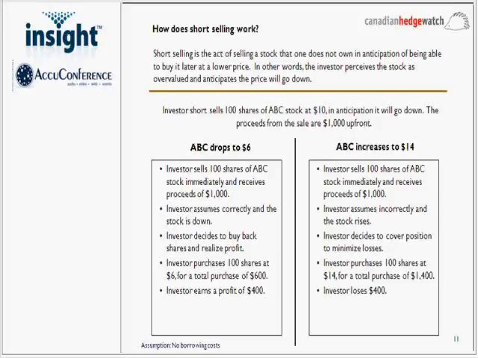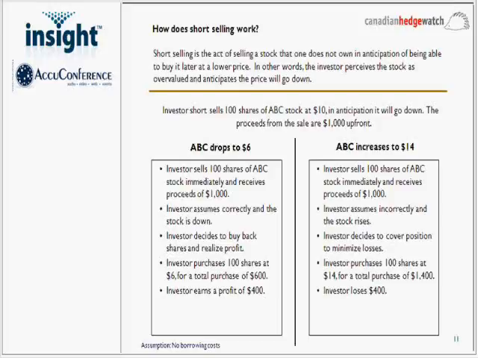So the investor will buy 100 shares at $6 for $600 and therefore has earned a profit of $400. On the flip side, if the stock goes up, which is not what the investor had anticipated, the investor will have to purchase 100 shares at $14 and therefore will have to pay $1,400, which results in a loss of $400.